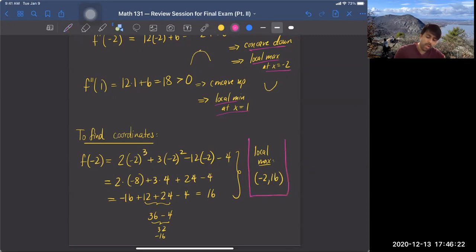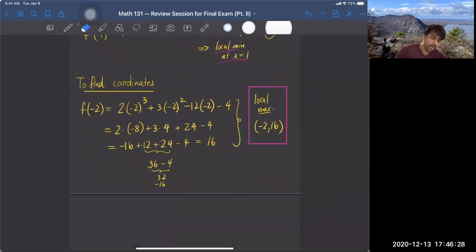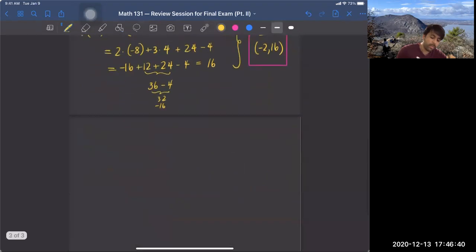And then the second one. Sorry, let me be more clear. Find coordinates of relative extrema. So this becomes f of 1, and I do the same thing: 2 times 1 cubed plus 3 times 1 squared minus 12 times 1 minus 4.